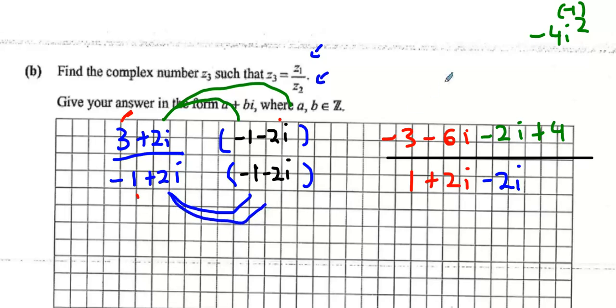Lads, is minus 4i squared as well, which is what? Plus 4. Right. On top, I have 1 minus 8i. On the bottom, I have 5. I haven't done a thing wrong, but I'm only on 9 out of 10.